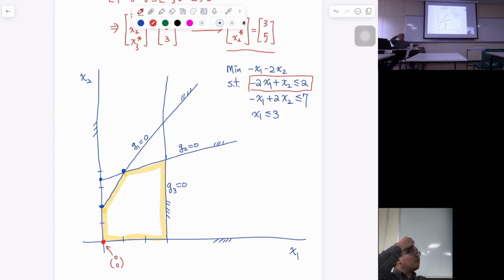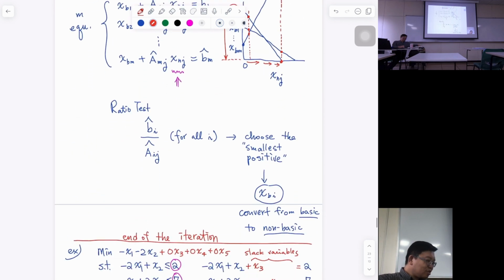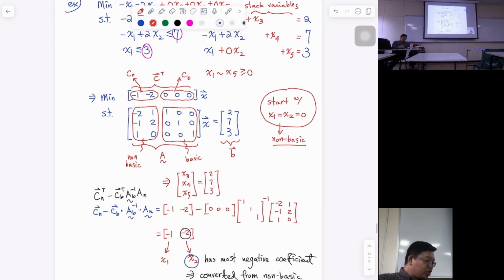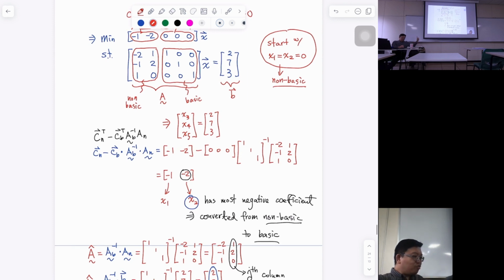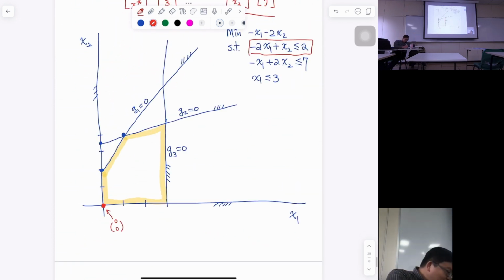Okay? And what did we do for the first iteration? We wished x2 to become basic, so we want x2 to become positive. So we started to move along this line, and we actually end up at this corner. It's 0 and 2.